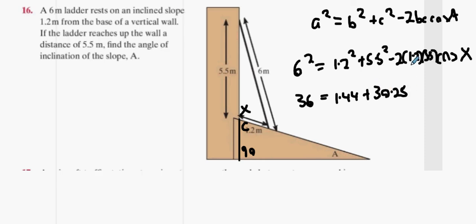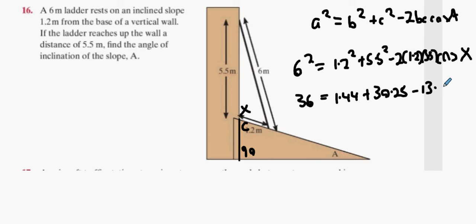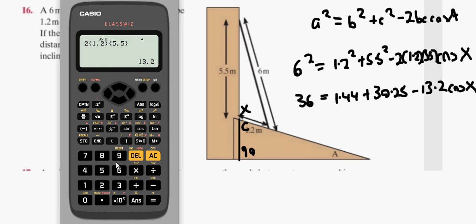Alright. 2 times 1.2 times 5.5 is 13.2. A prediction: is X the biggest angle in the triangle or the smallest? Biggest. Why is it the biggest? Just looking at 6, which is the biggest side. Yeah, exactly. So we're expecting a pretty large angle, aren't we?